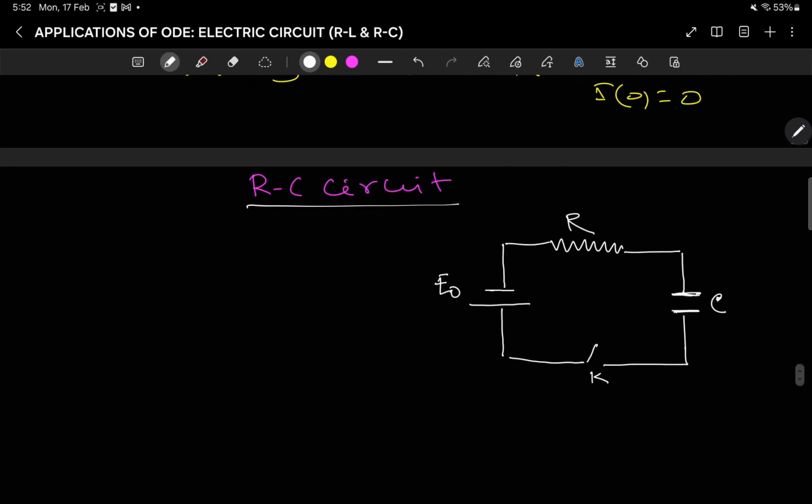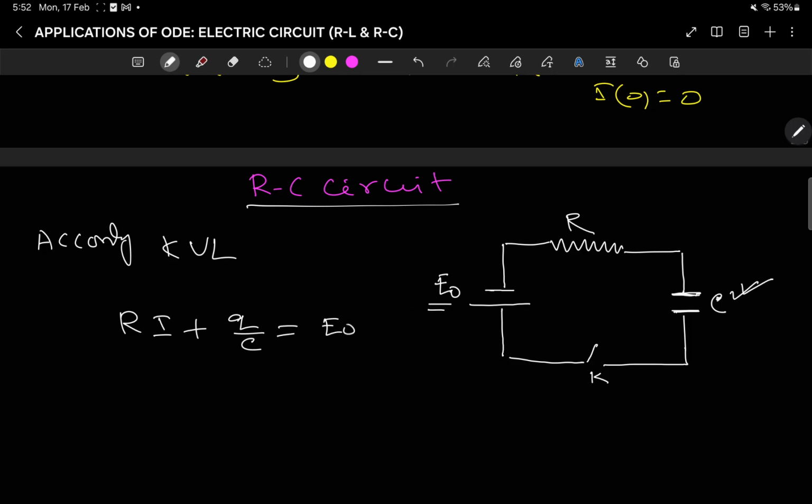According to KVL, Kirchhoff's voltage law, Ri plus the voltage drop across C, which is Q by C, is equal to the EMF, here E0. So if I solve it, it is Ri plus 1 by C integral I dt is equal to E0.